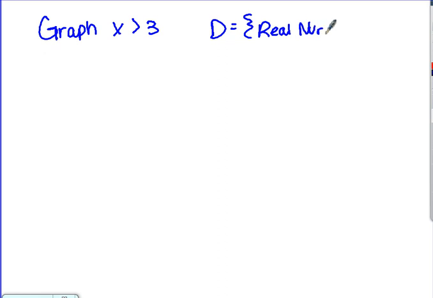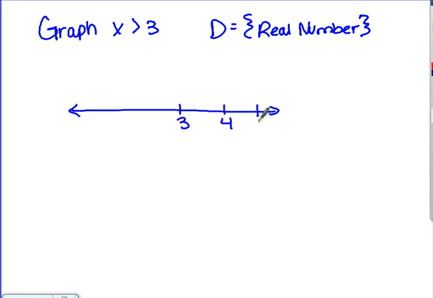Let's look at another one so we can see some of these examples. I'm going to graph x is greater than 3, and I'm going to have a domain of real numbers. So I'm going to have a number line, and I'm graphing those that are greater than 3. My domain is real numbers.